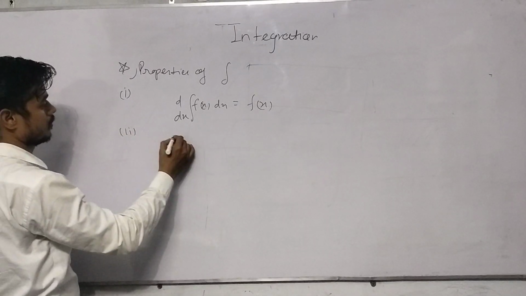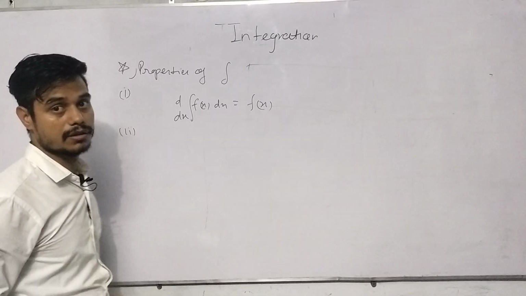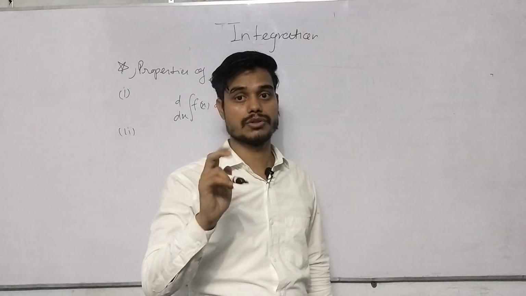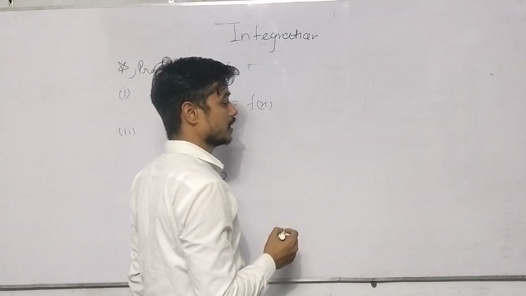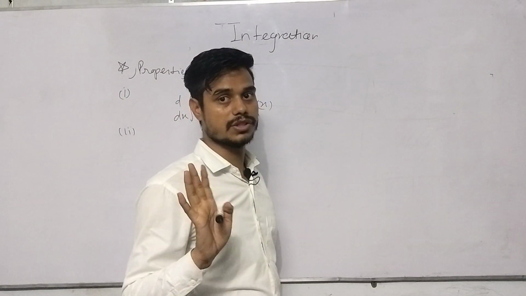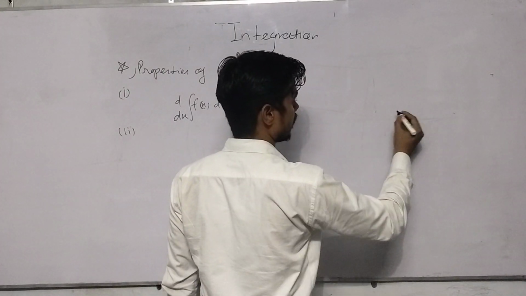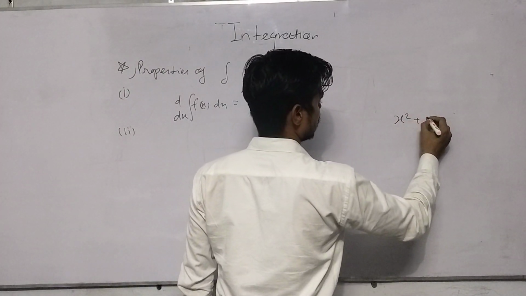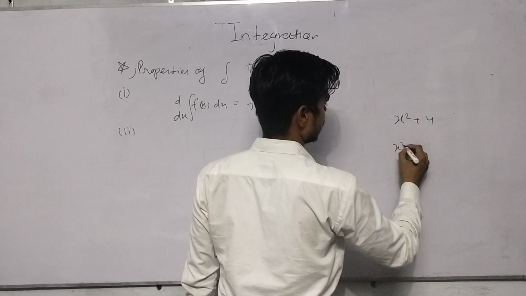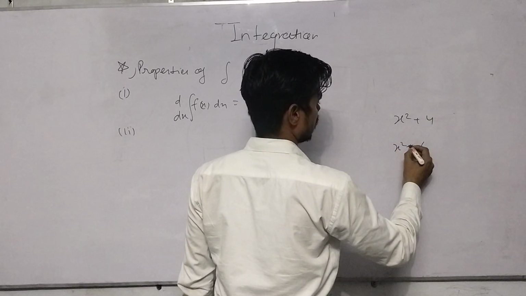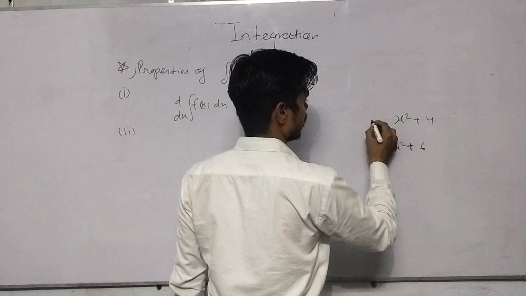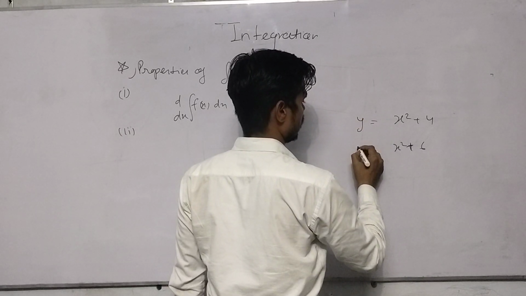Property number 2, when the family of curves of two equations is the same, what is the meaning? The meaning is this. Suppose x square plus 4 and x square plus 6. You can see this is one equation and this is the other equation.